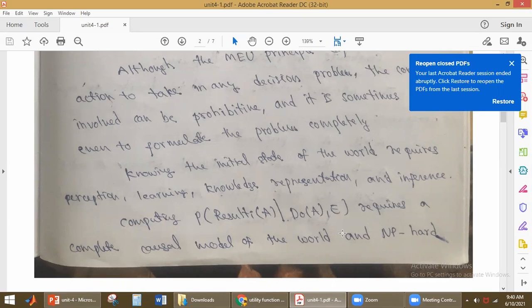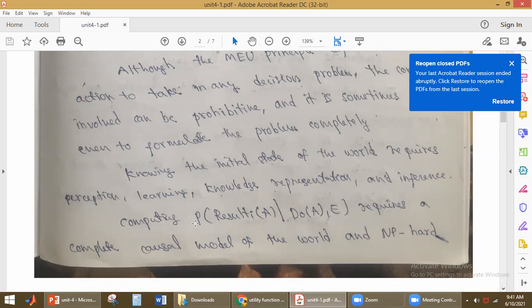To compute these probability values, what the agent requires is the model we have designed, which should be a complete causal model of the environment. A causal model means whichever node is responsible for cause and effect will be considered first, then the nodes affected by the first node will be considered next.